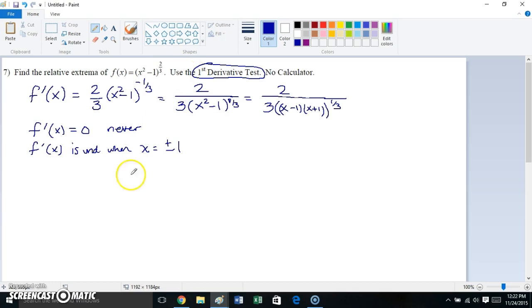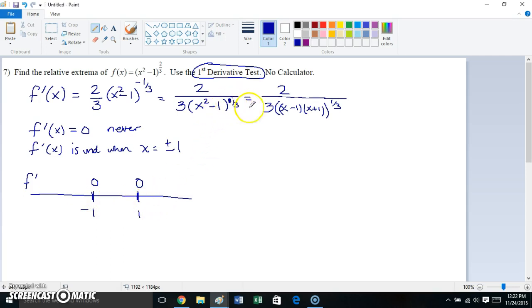Okay, we'd like to use the first derivative test to verify maxes and mins. So let's start with our sign pattern number line, putting our critical points of -1 and +1 on the number line. Let's decide what's happening on the derivative on each of these intervals.